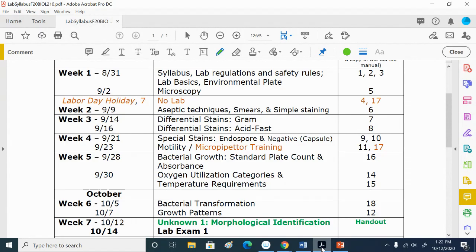So you should be familiar with examples of those bacteria. So if I asked you for an example of a gram-positive coccus, give me the names of some organisms. Like what? Micrococcus luteus. Right, Micrococcus luteus. What else?